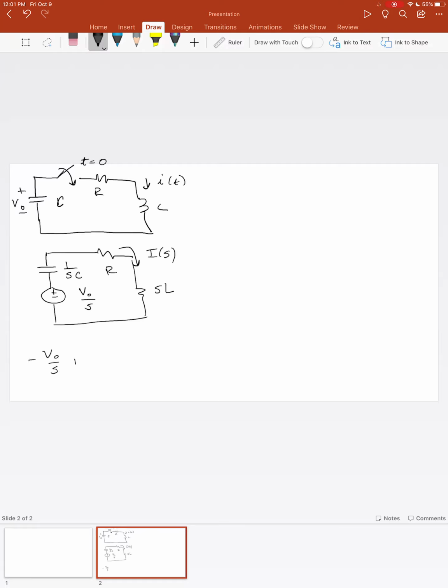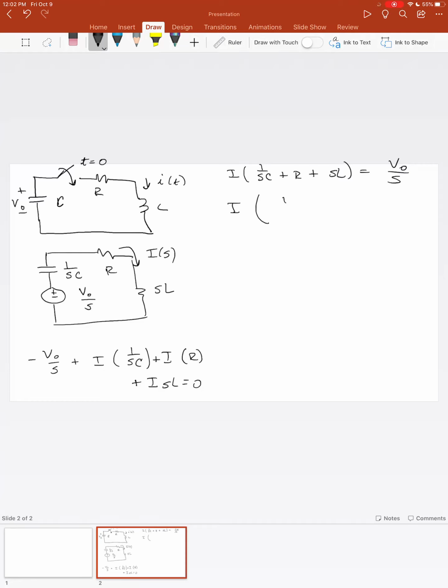equation. I have minus V naught over s plus I times 1 over sC plus I times R plus I times sL equals 0. Doing a little bit of simplification, I times (1 over sC plus R plus sL) is V naught over s.